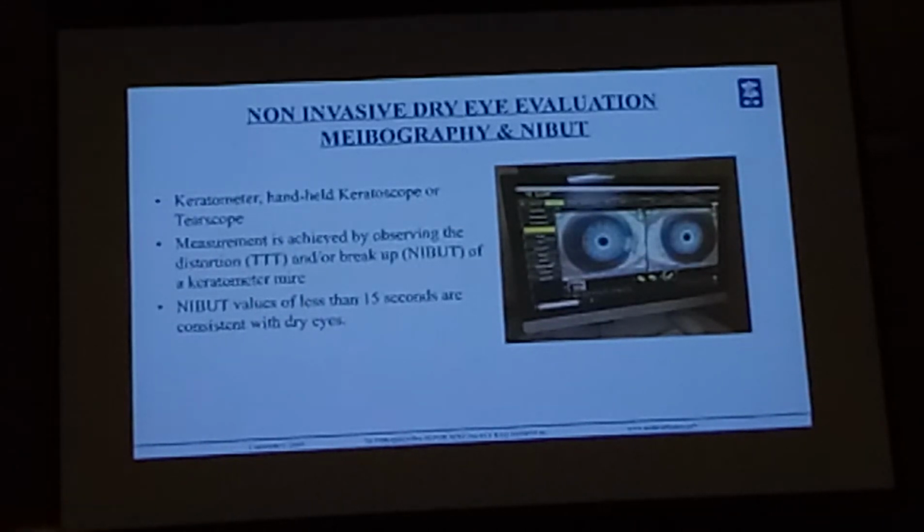You can also use your keratometer and a keratoscope or a tear scope to look at the tear film, the reflection, the Purkinje image. Measurement here is achieved by observing the distortion or the breakup of keratometer mires. So you can see the mires, and once they start distorting, then it gives you the breakup time and whether it's normal or abnormal. Non-invasive BUT values of less than 15 seconds are consistent with dry eye.